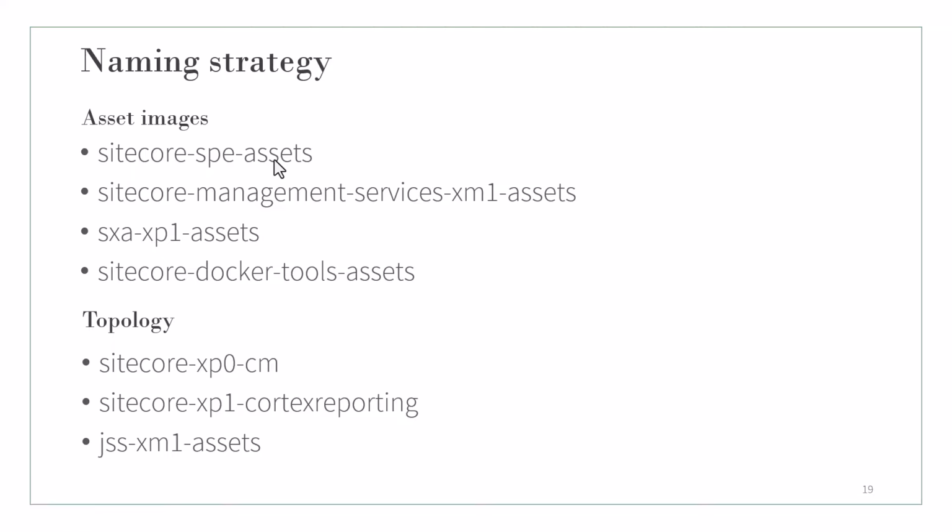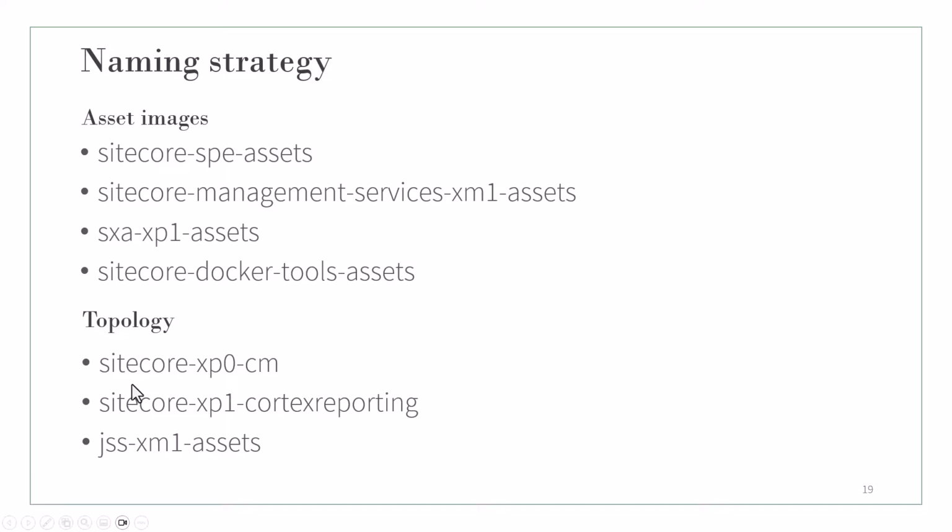Also, for topologies, some images are tied to a specific one. For example, XP0, XP1, or XM1. If the name doesn't mention a topology, it's not tied to one.